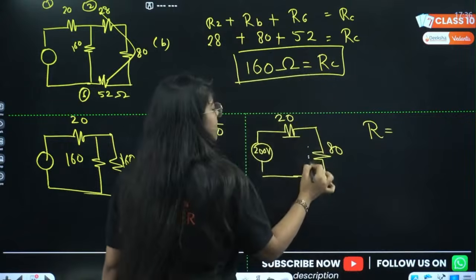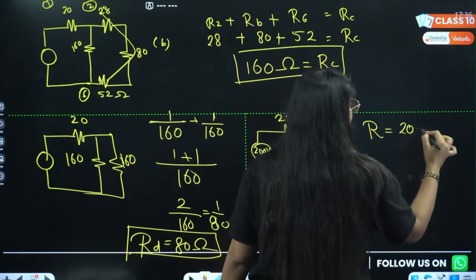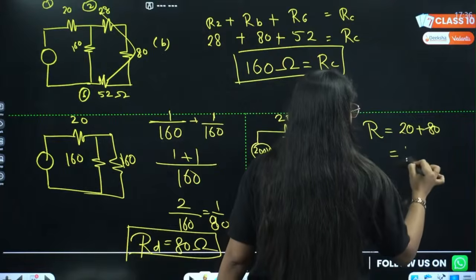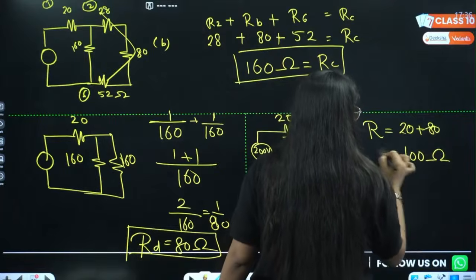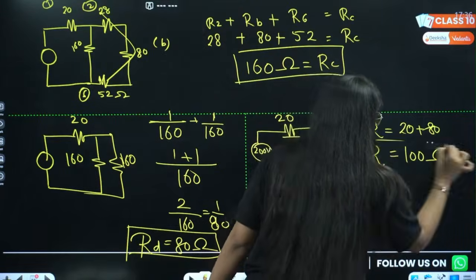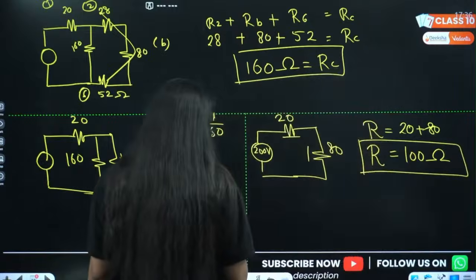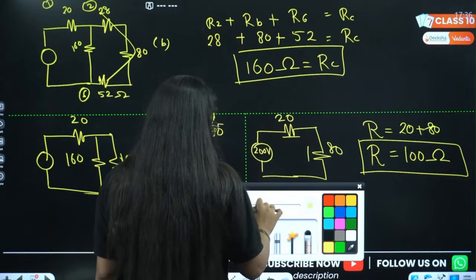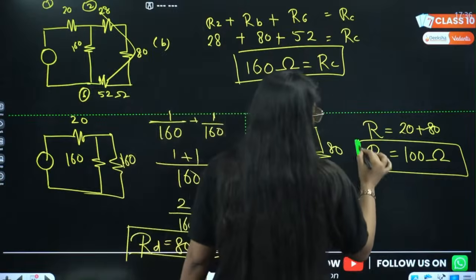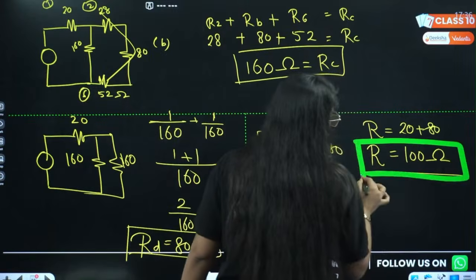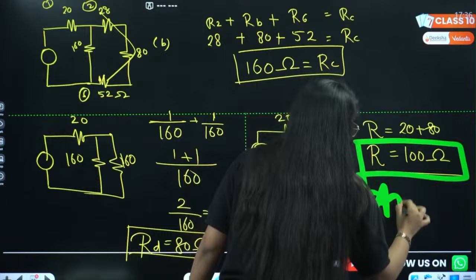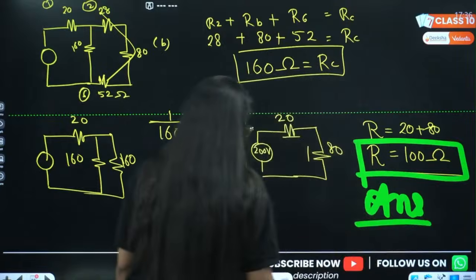Both are in series. So 20 plus 80, that is 100 ohm. So total resistance of this whole circuit came out to be 100 ohm. This is the final answer.